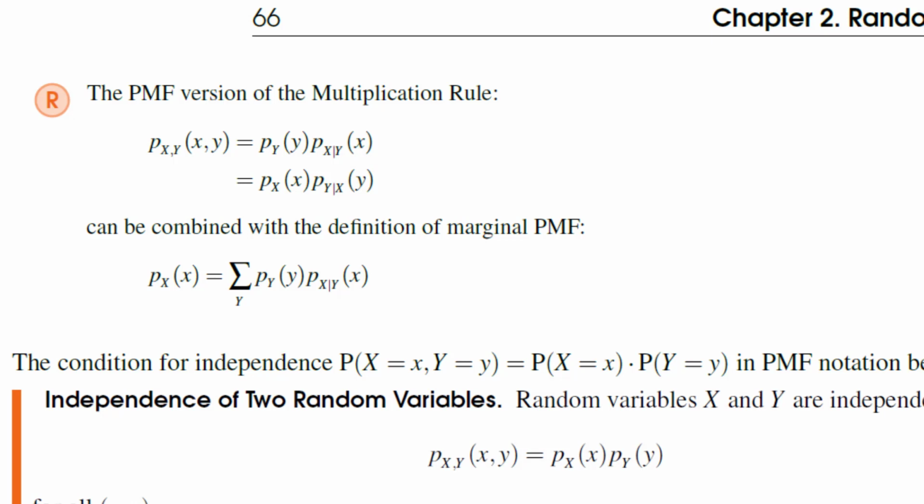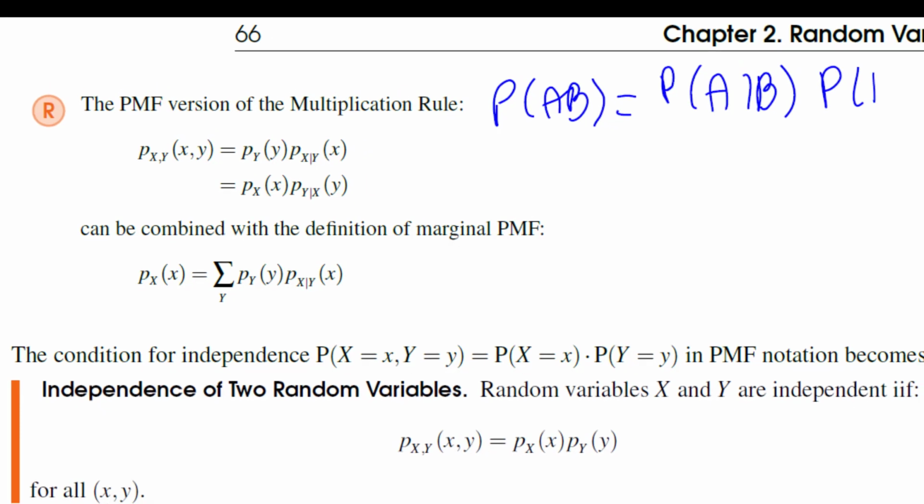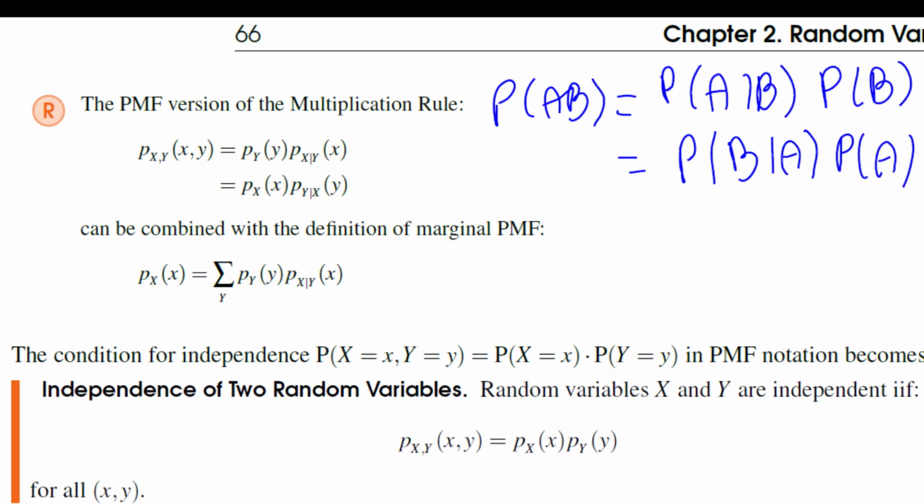And the multiplication rule, if you recall, was P of AB is going to be the conditional probability, A given B times P of B, or there's always two versions, B given A times P of A.